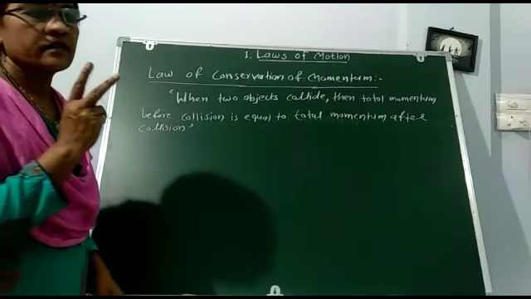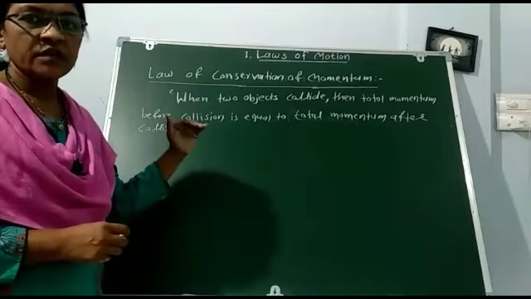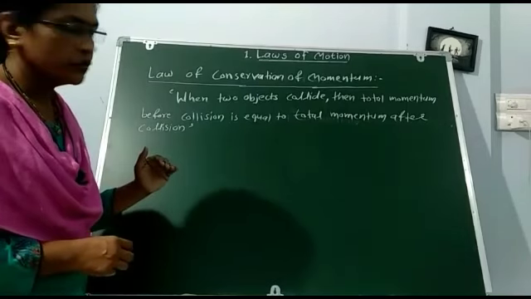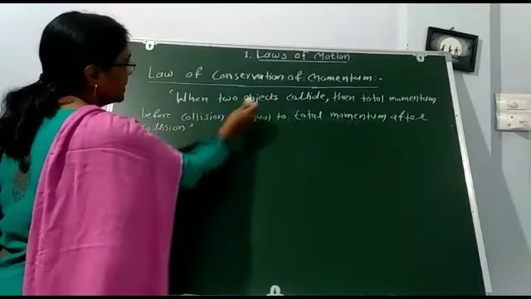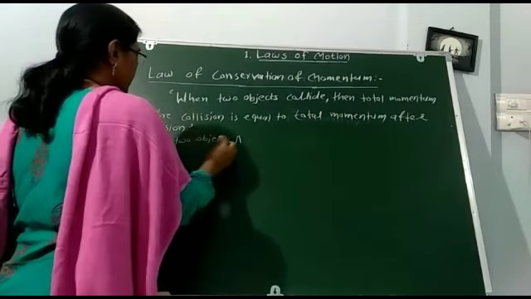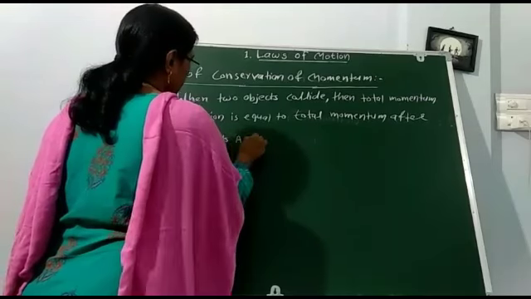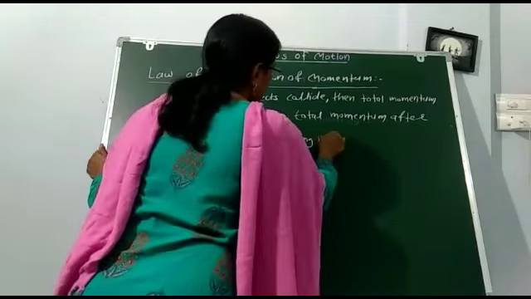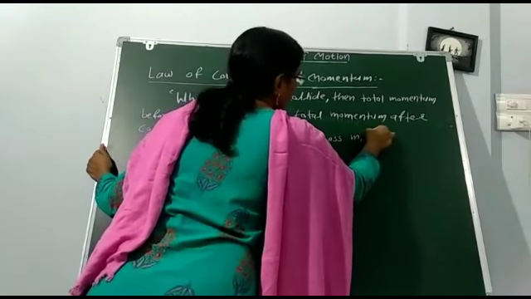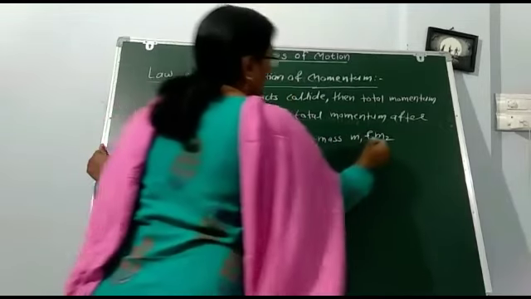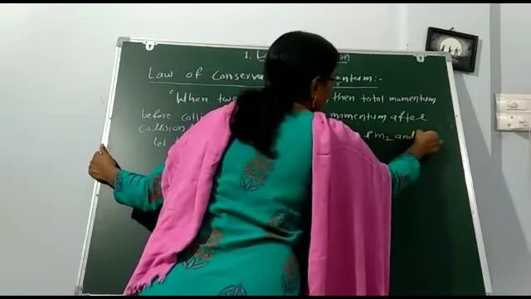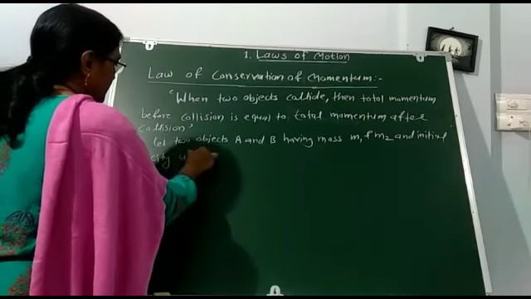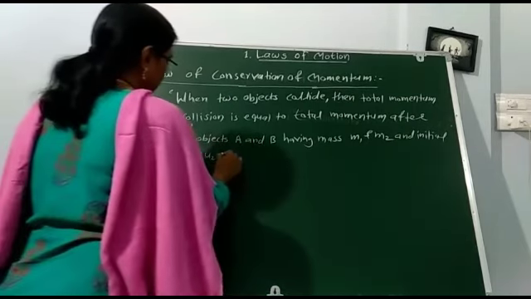Let two objects A and B have masses m1 and m2 and move with initial velocities u1 and u2 respectively.